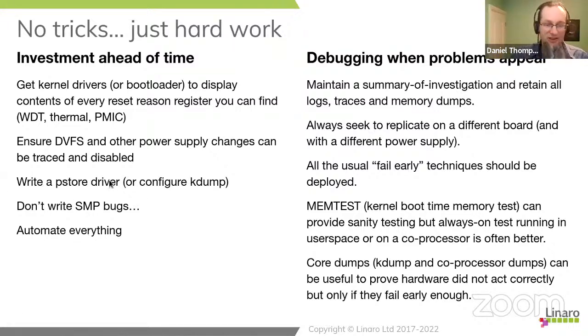This is not entirely facetious. It says don't write SMP bugs. It basically means that there should be some kind of training program to ensure that your engineers understand the interaction between SMP cores to some extent, and how spin locks will work. Clever lock-free programming requires you to know an enormous amount about SMP memory ordering.